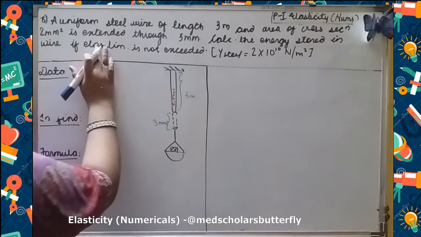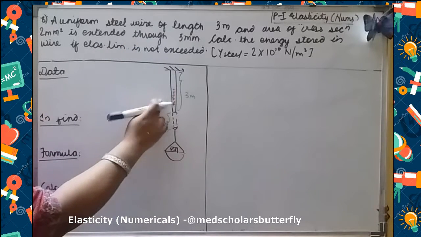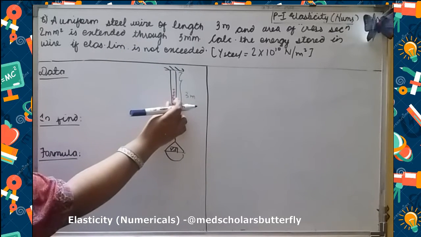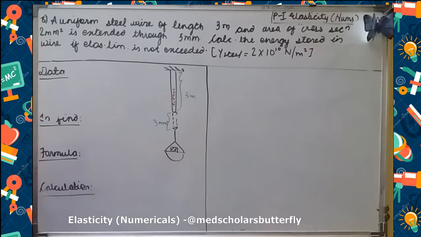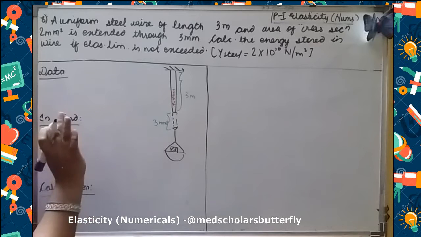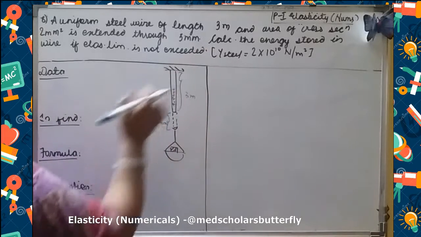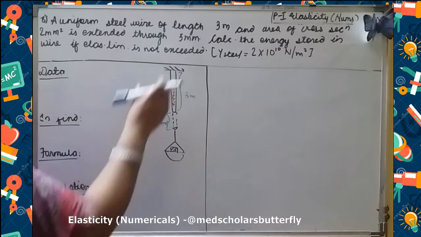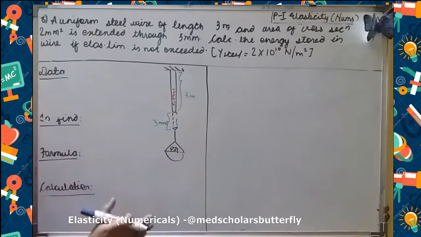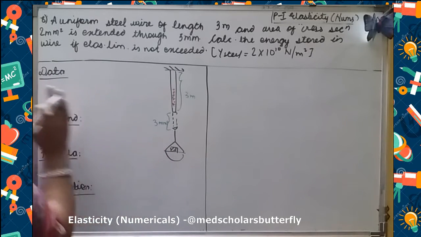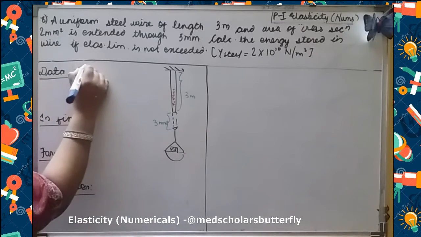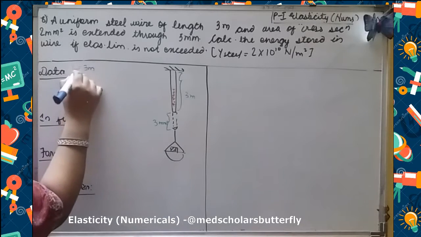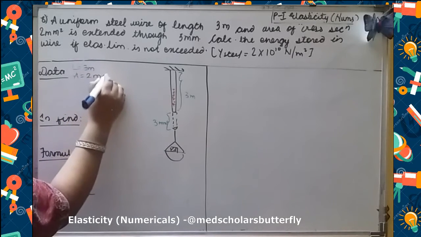A uniform steel wire of length 3 meter and area of cross section 2 mm square is extended through 3 mm. Calculate the energy stored in wire if the elastic limit is not exceeded, and we are given Young's modulus of steel. This is a rough diagram. It wasn't given, but I have drawn for your assistance. We will start by writing the data, which is L is equals to 3 meter, A is equals to 2 mm square.